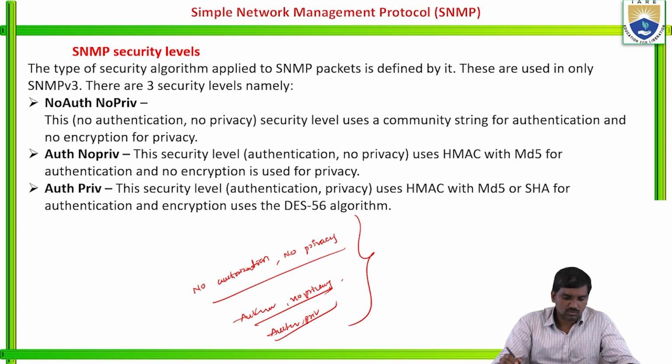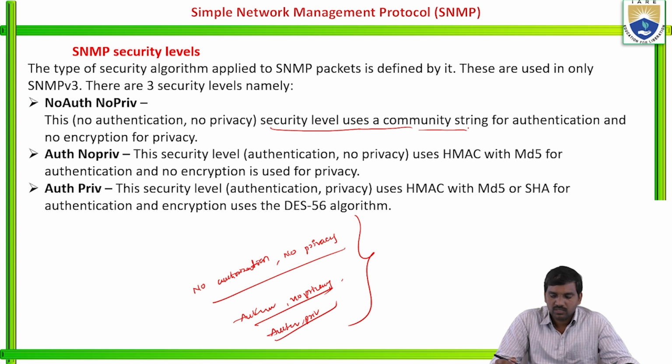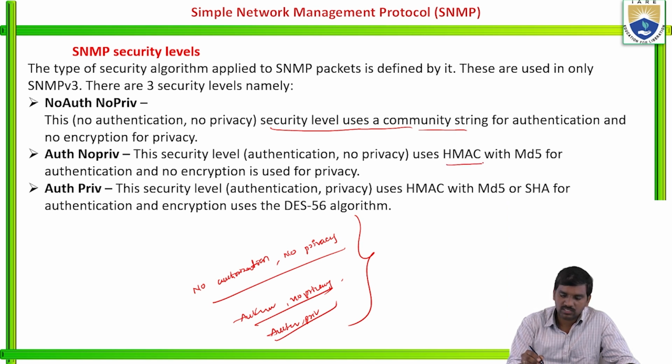No authorization, no privacy level means the security level uses a community string for authentication and no encryption for privacy. The next security level uses HMAC with MD5 for authentication and no encryption is used for privacy.